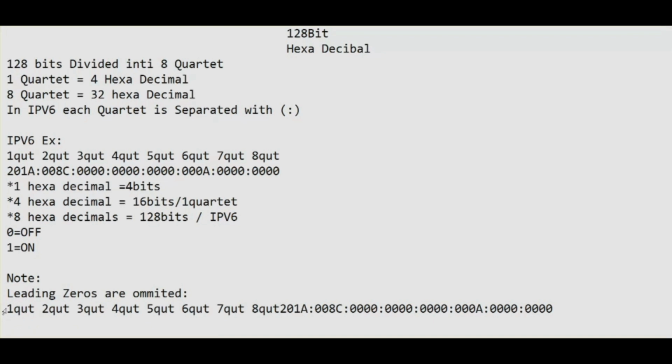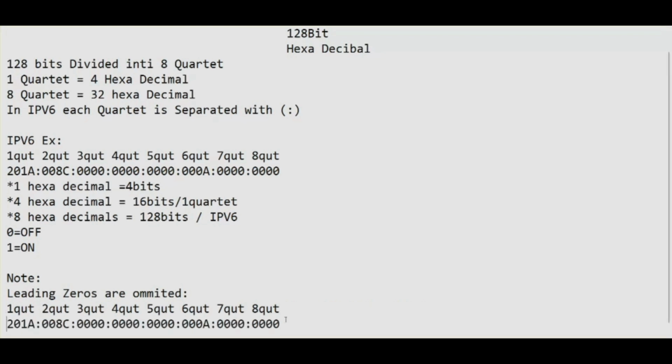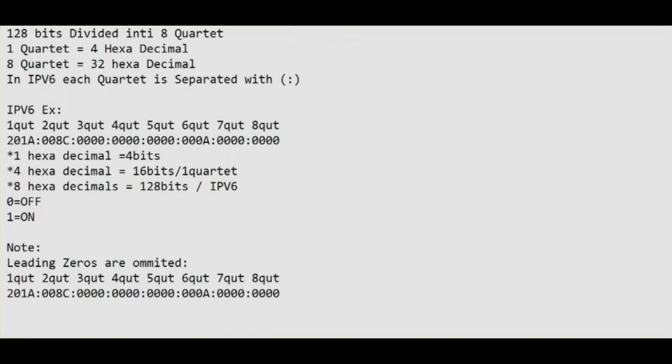Now this IP address we can also write like 201A colon 8C, because the leading zeros are omitted. No need to mention the zeros. Colon 0 colon 0 colon 0 colon A colon 0 colon 0. We can also write our address like this.